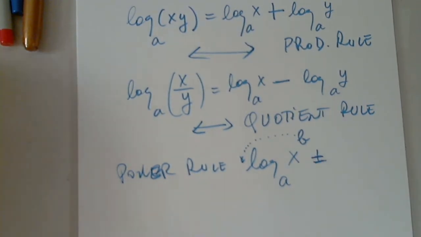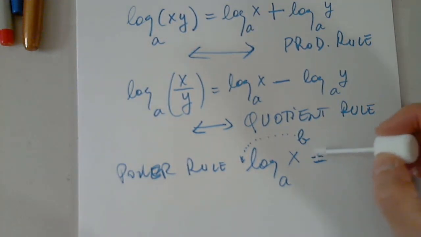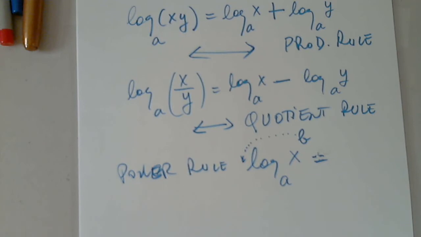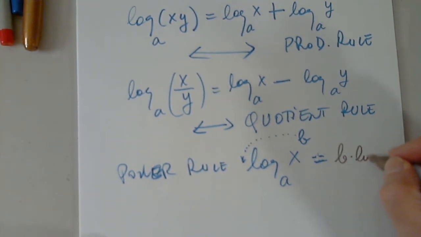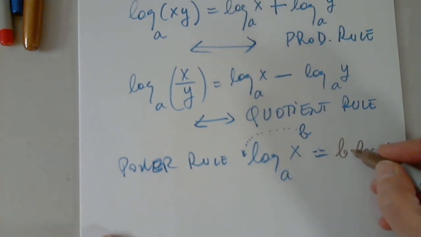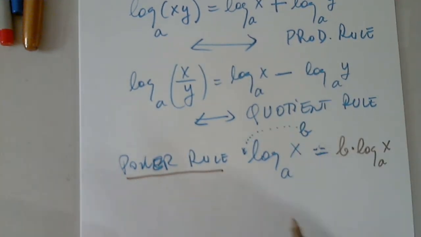So a product, not addition. So b times log base A of x. Okay? I have to correct my mistake there. So this is b multiplied by log base A of x. And this is the power rule.